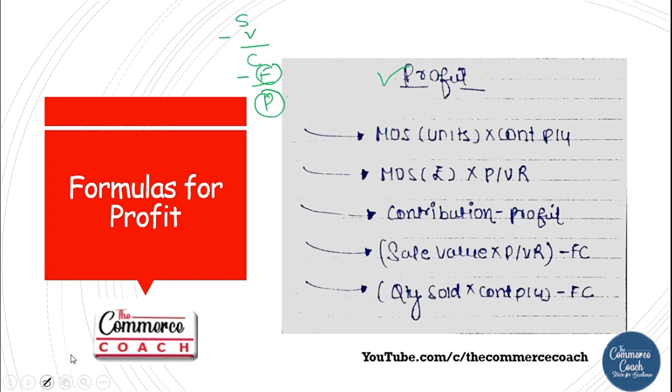Let me change the color of ink so that you can get the better idea. Now profit is closely connected with MOS and fixed cost is closely connected with BEP. Just keep this in your mind, because as I have told you, MOS is the point where you will be starting to earn profits itself.